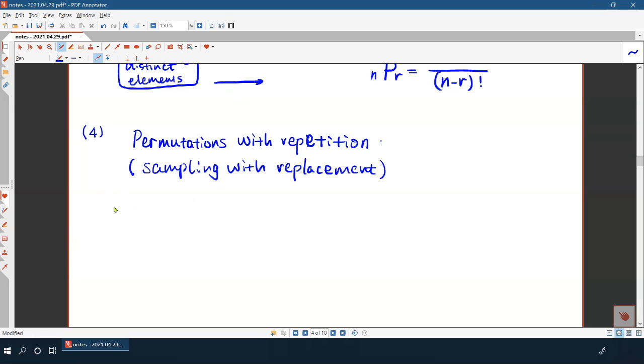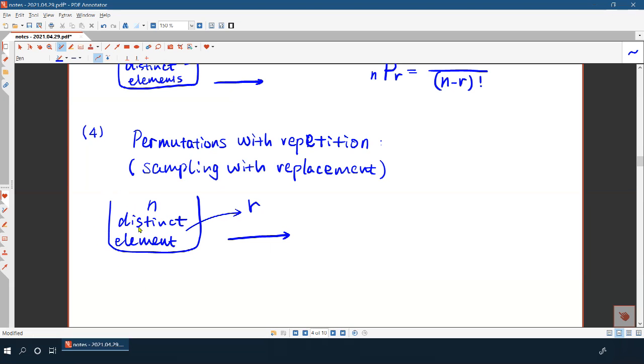And in this model, again, we have a collection of n distinct elements. And the task is to choose r elements out of the n elements, right? And line them up in an order.